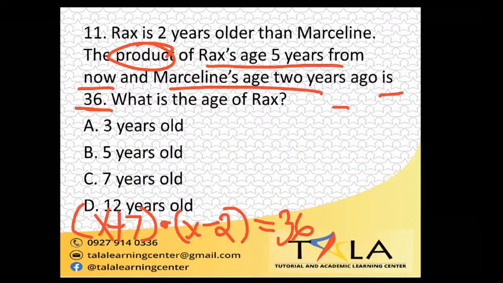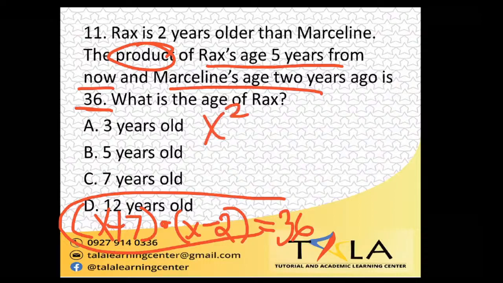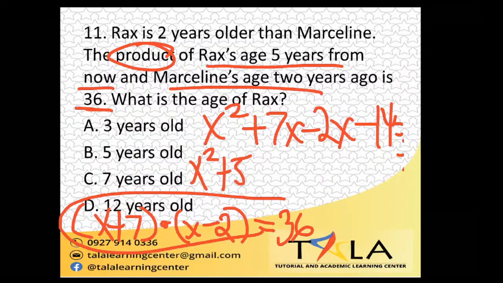If we arrange it, we will have this. If we expand, I'll have x squared plus 7x minus 2x minus 14 equal to 36. So, I'll have x squared plus 5x and then transpose 36 plus 14.